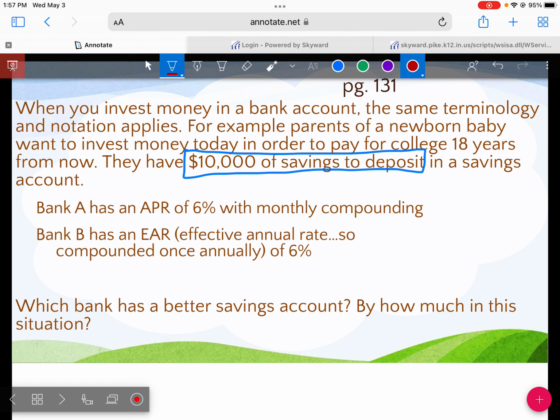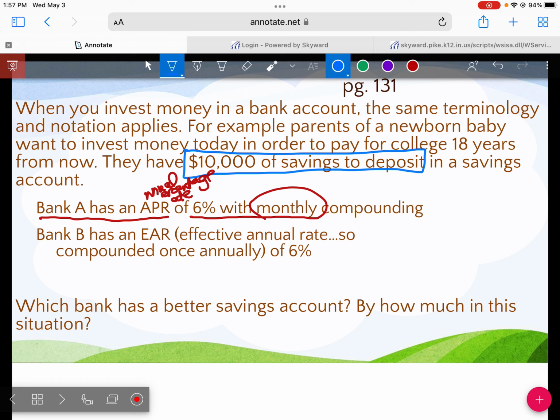Bank A has an APR, which stands for an annual percentage rate, of 6% with monthly compounding. So that means at the end of every month, they are going to recalculate the interest on your money.